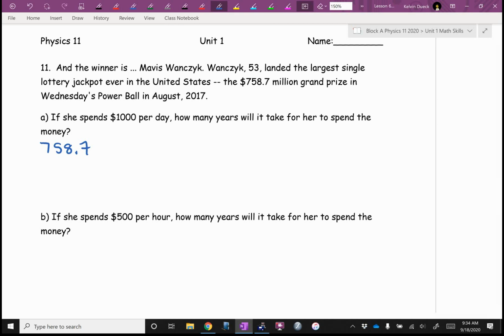You know, I could do the whole thing, but I'm lazy. I'm going to write million by just saying that. That's not proper scientific notation. That's me just being totally lazy and saying millions is 6 zeros. And I'm going to divide that by 1,000. And that's going to tell me how many days. What do you get?